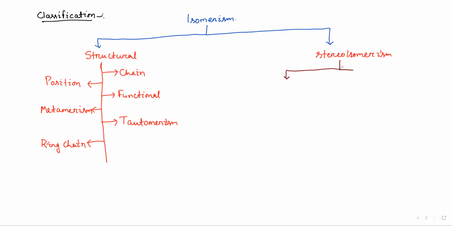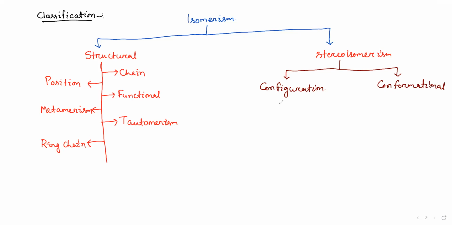Stereoisomerism is of 2 types: configurational and conformational isomerism.